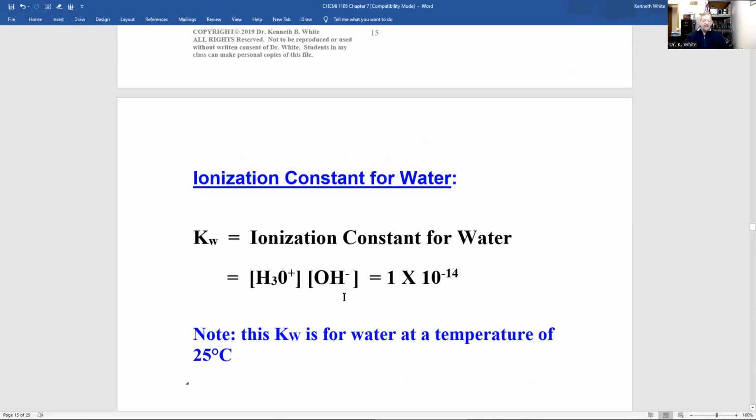Now, the ionization constant, and if we were at Chem 1211, when we go over equilibrium, I can then show you how this is derived, but that's a different class.